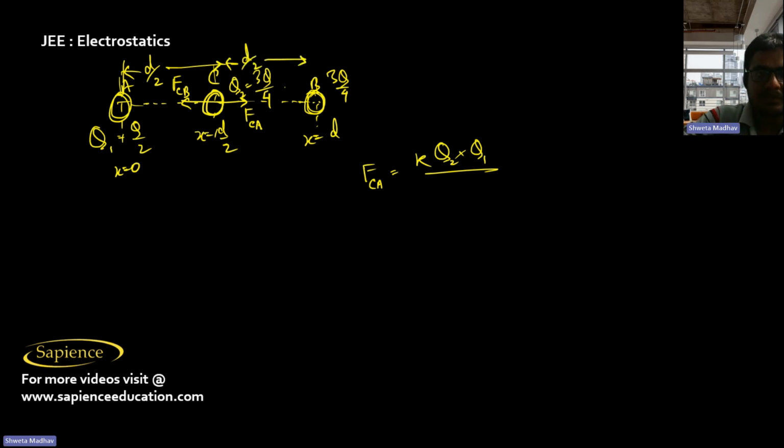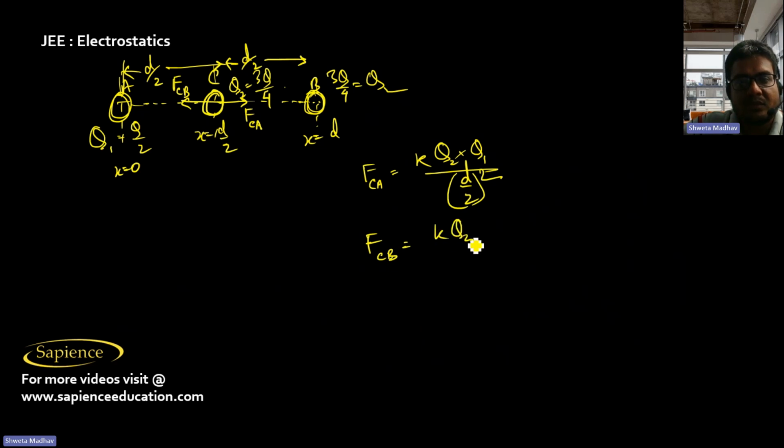So FCA will be equal to K Q1 into Q2 by D by 2 whole square, and then force on C due to B will be equal to K into Q2 into Q2, K Q2 square by D by 2 whole square.